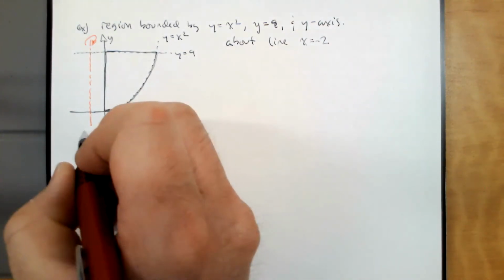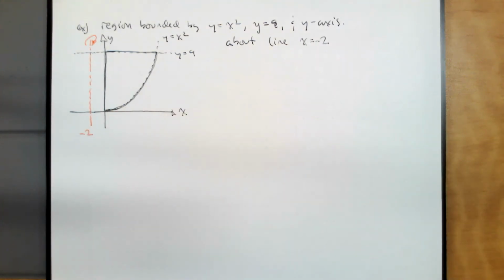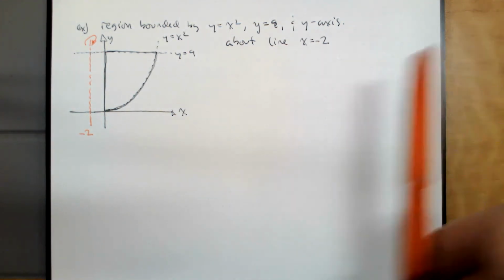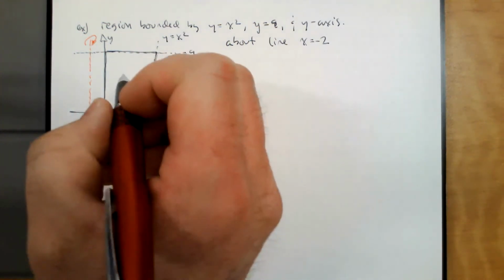So let's draw a slice perpendicular to the axis. That's a choice that we're going to make. I like perpendicular to the axis, in honor of, well, they're both going to have pi, so never mind.